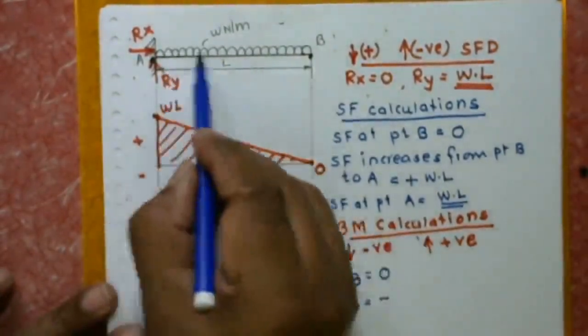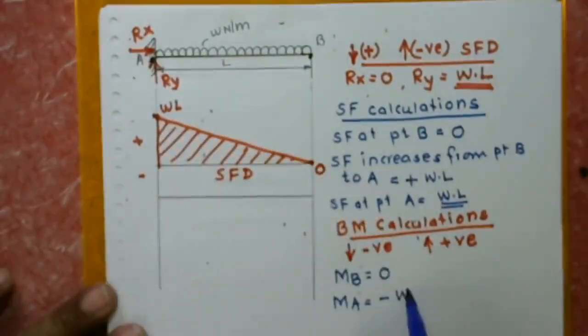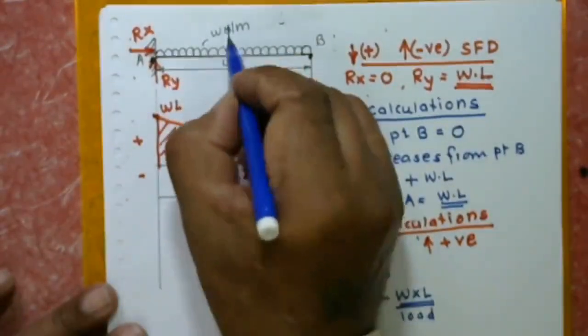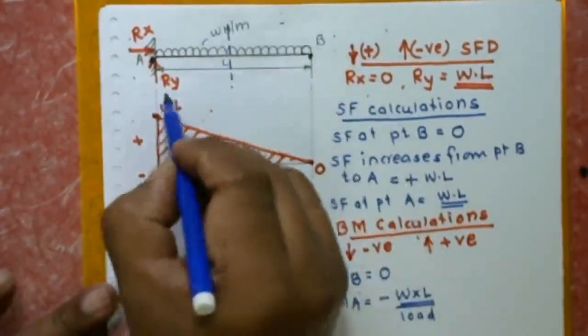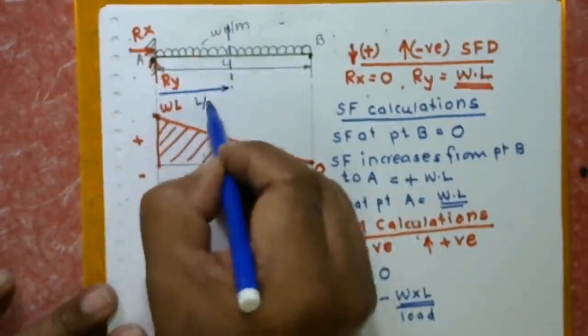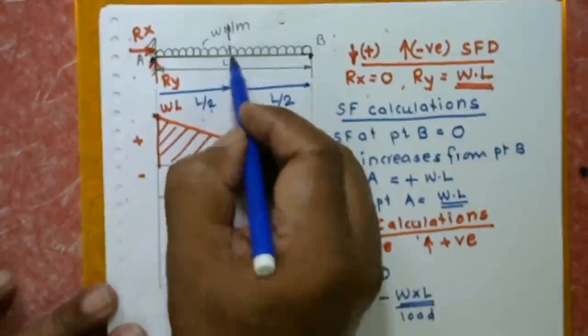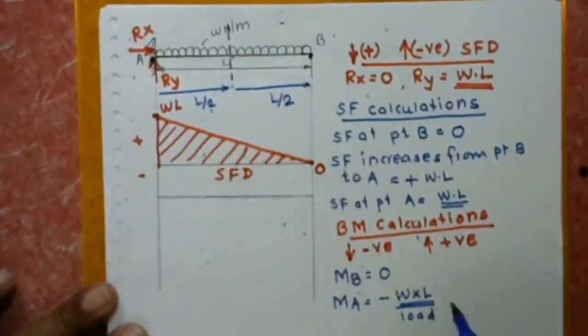Now here the total load is W into L. Remember, this is the load, and UDL is always acting at the center of the span. If I say this L by 2, this L by 2, it is acting at the center of the span. So moment is force into distance.